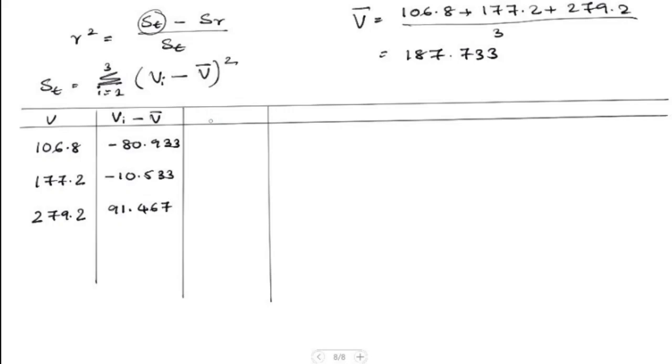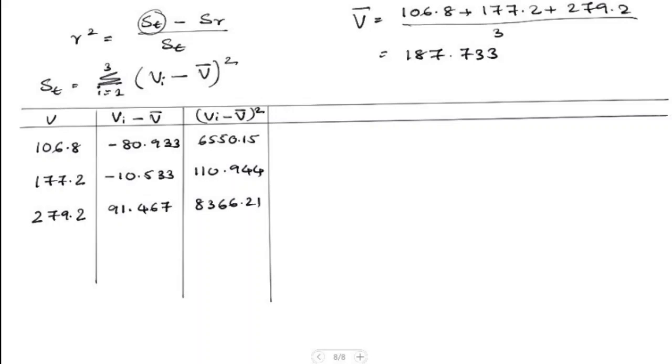Then we square all of these values. The squares for each will be 6550.15, 110.944, and 8366.21.